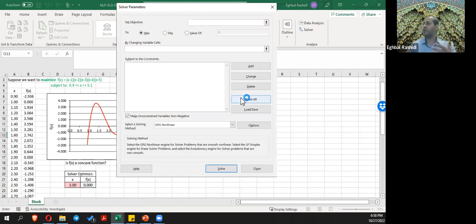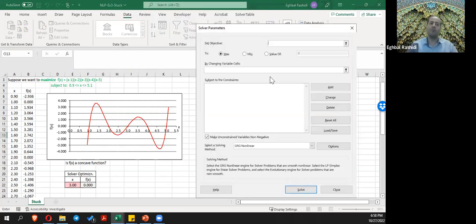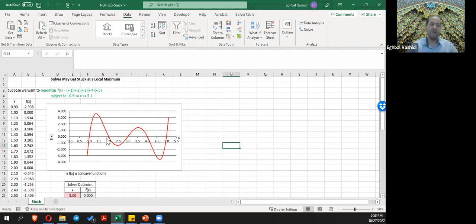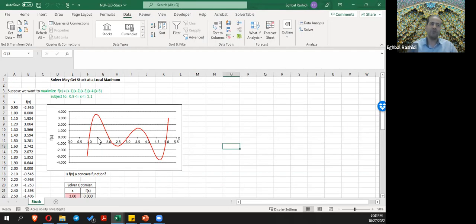example of showing you how your solver can get stuck in a local optimum, right? We are maximizing, and the maximum should happen around 1.5, and it's a value of more than 3, almost 3.3.